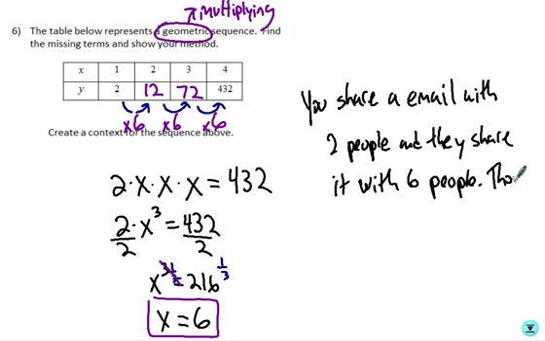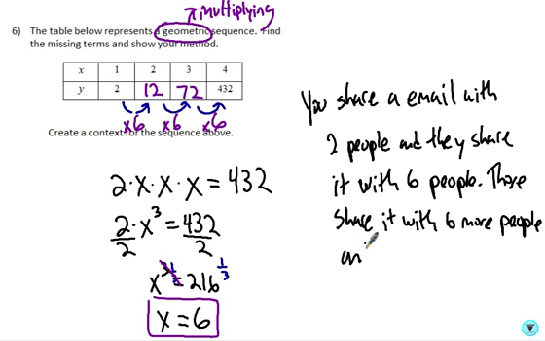So we'll say those 6 share it with 6 more people, and so on. Right. So they share it with 6 more people, and then so on. All right, so that's number 6. So go ahead and stop here and try number 6 on the right.